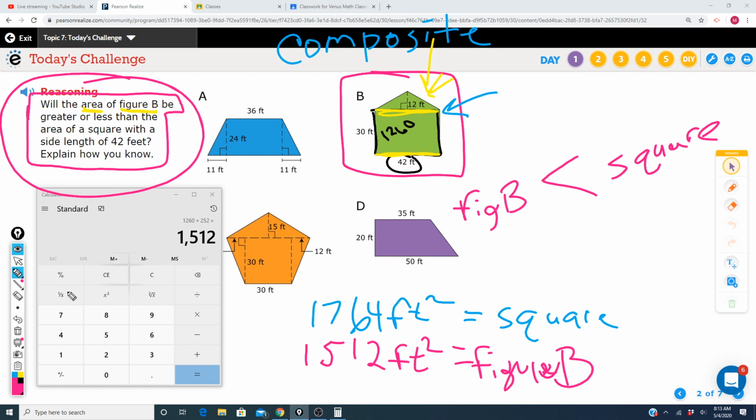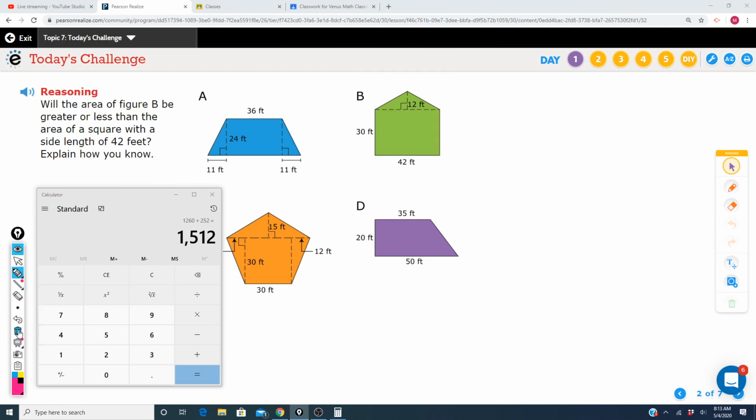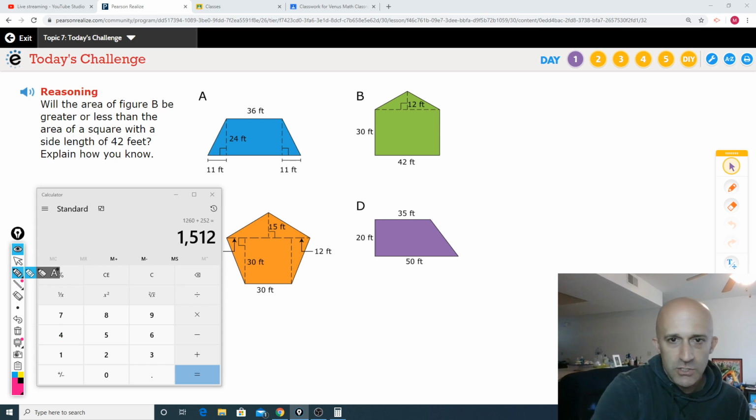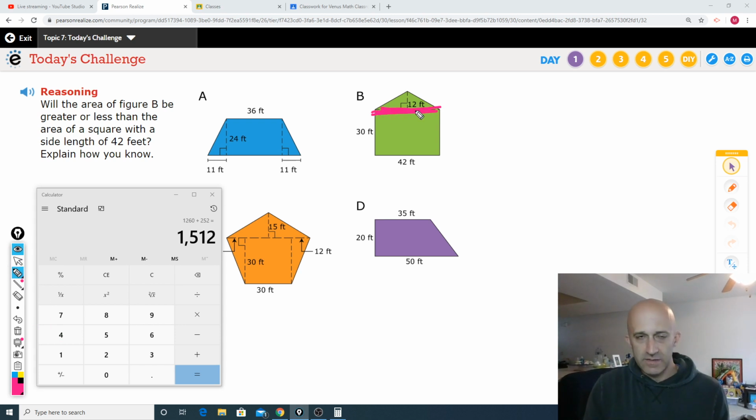Again, this was running through composite figures, trying to find surface area. This is more recent from when we were physically all together in class. You're trying to cut the figure into figures you can actually find the surface area for.